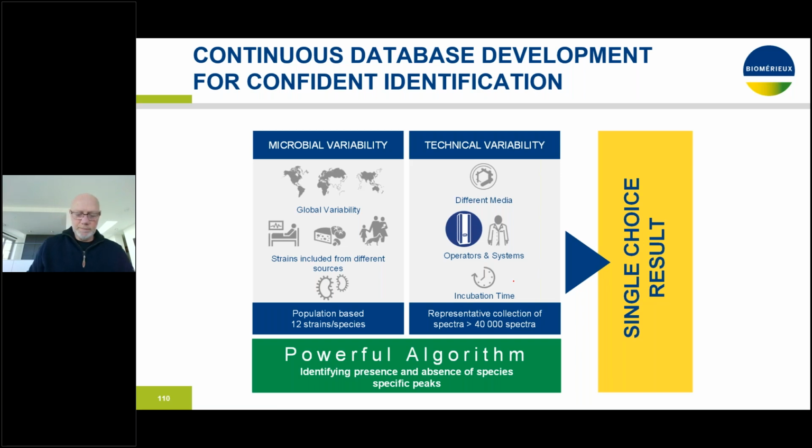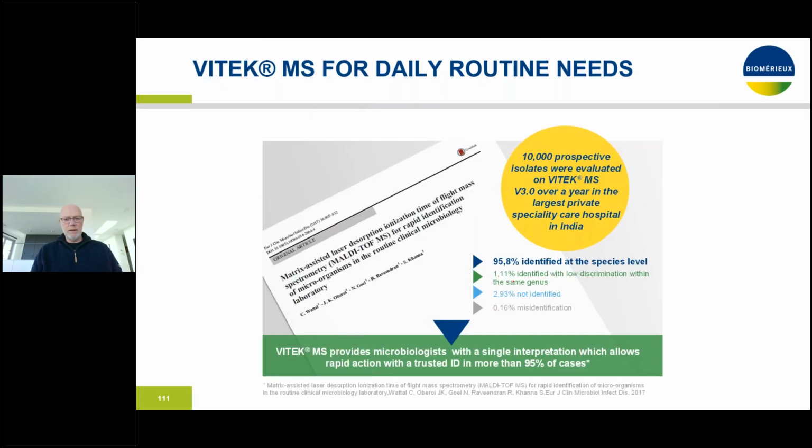And then, of course, you need algorithms. I'm not going to burn my fingers on that because I know little about that, but the interpretation, the comparative analysis of the peak patterns is absolutely key to the appropriate interpretation.